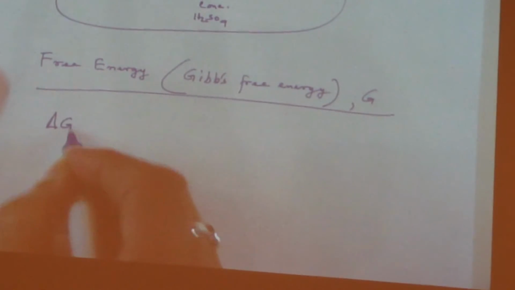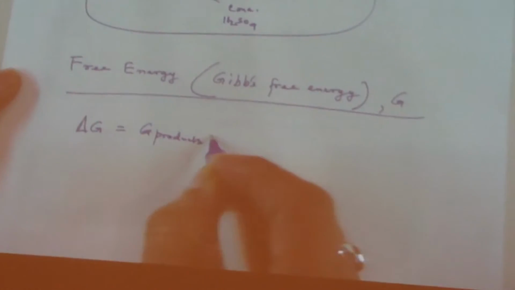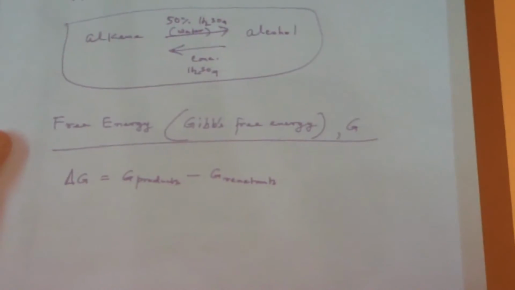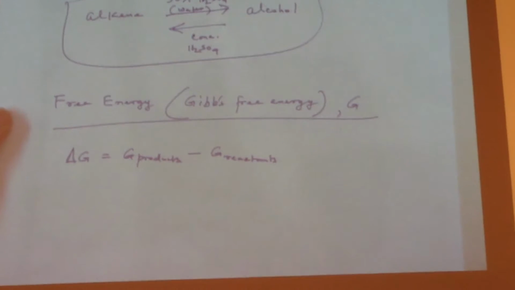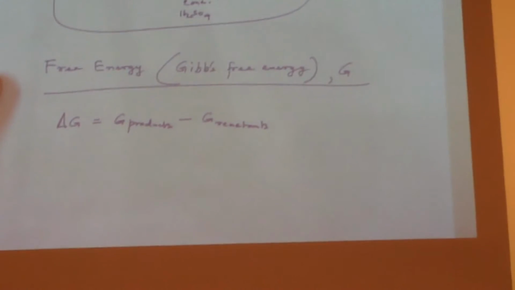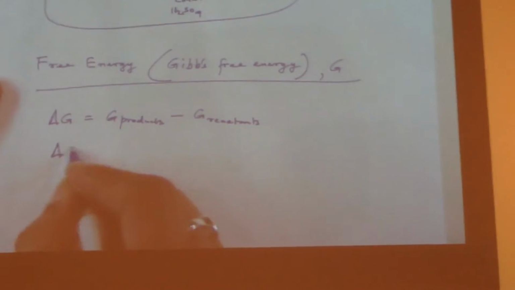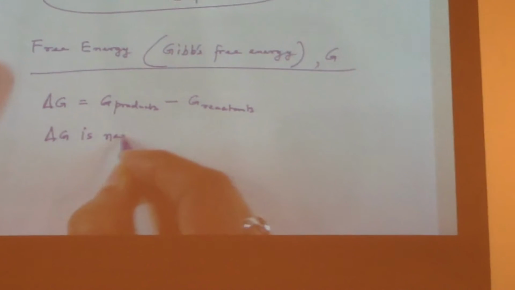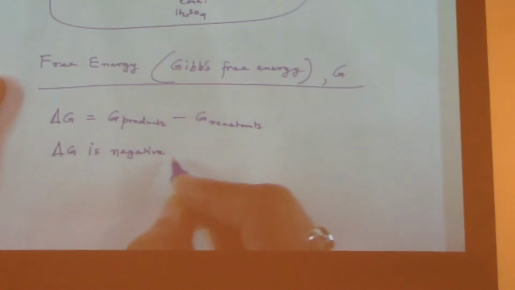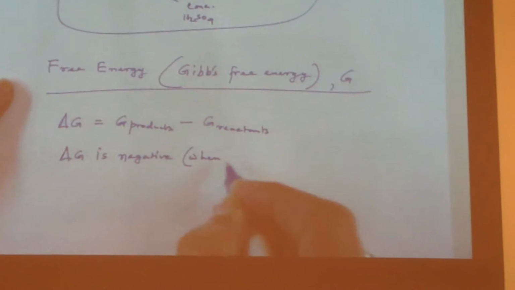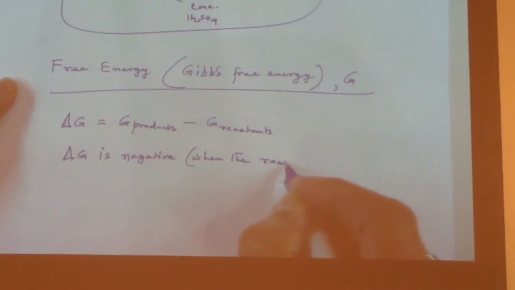So the way we measure it is by delta G, where you have G of products minus G of reactants. And delta G should be negative if you want the reaction to go from left to right, so from reactant to product. So delta G is negative when the reaction is favorable.